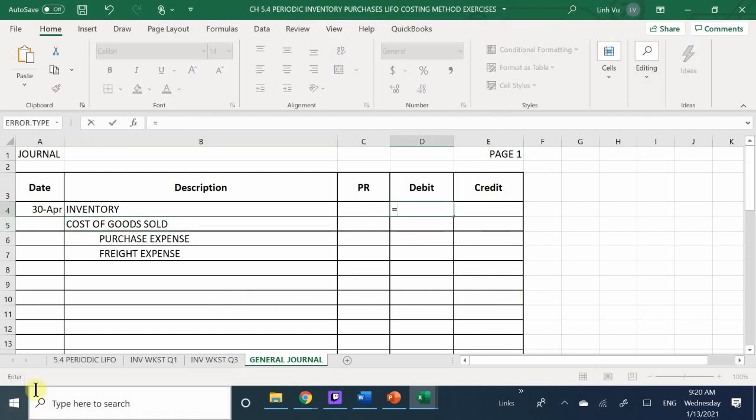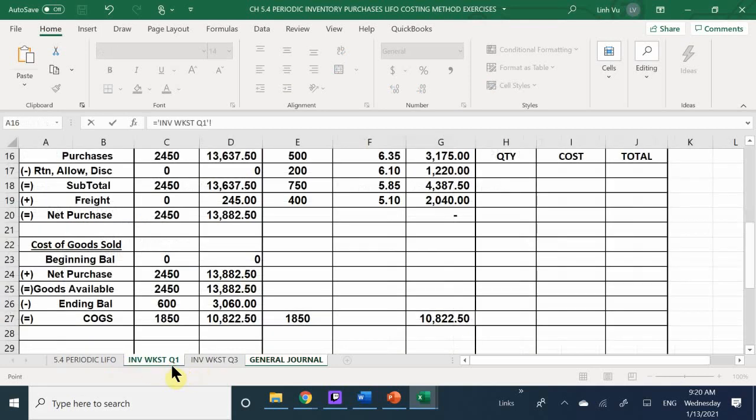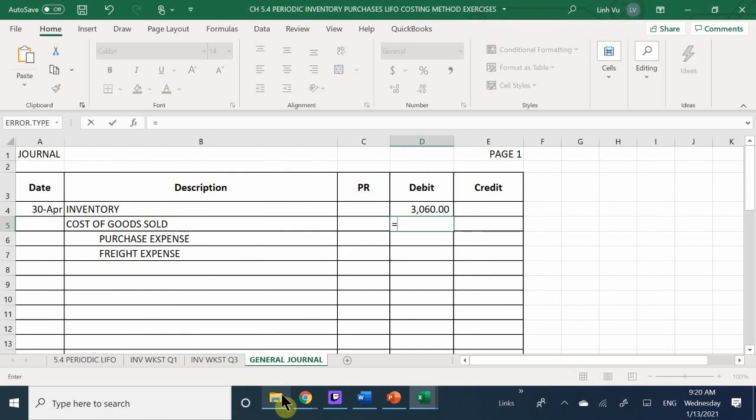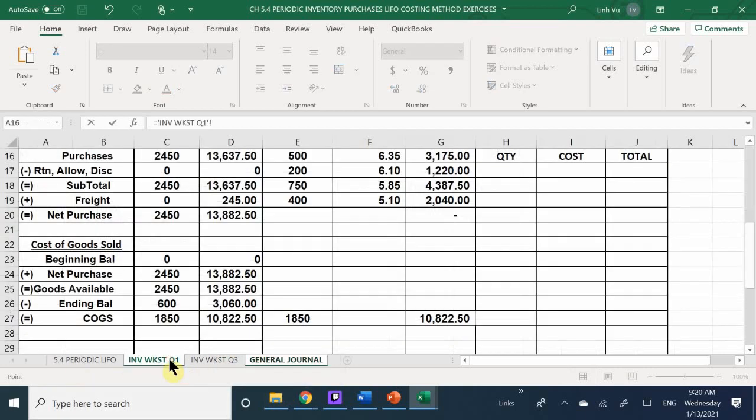How much was my inventory? Or in this case, how much was my ending inventory? 3,060. Mm-hmm. And then how much was my cost of goods sold? 10,822.50. Good.